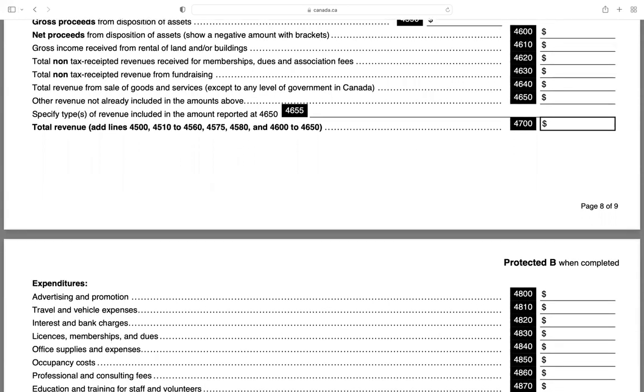You add line 4500, line 4510 to line 4560, line 4575, line 4580, line 4600 to line 4650.